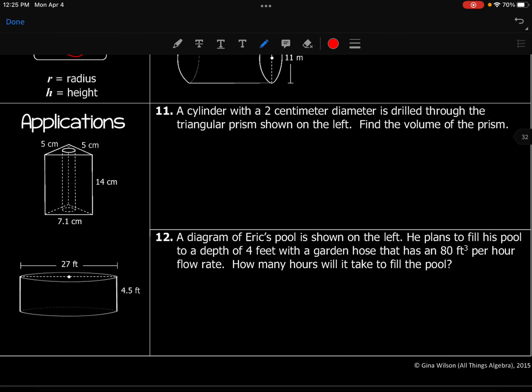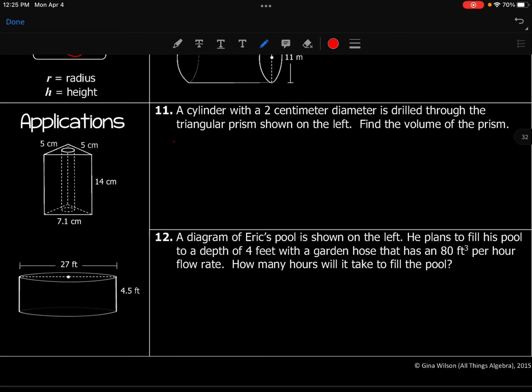Now let's look at some applications of volume. This question says, a cylinder with a 2 centimeter diameter is drilled through the triangular prism shown on the left. Find the volume of the prism. Now, this is a similar question in terms of if you have a shape and there's this part, find the shaded area.